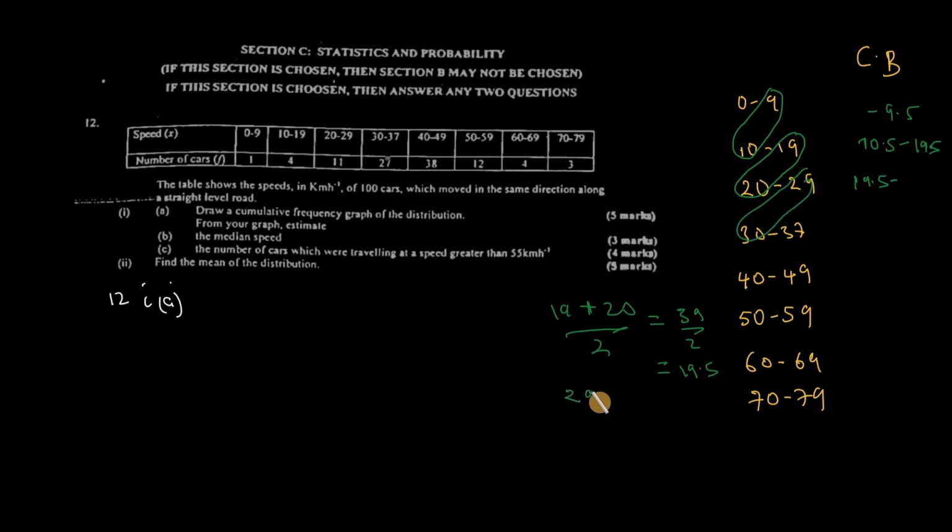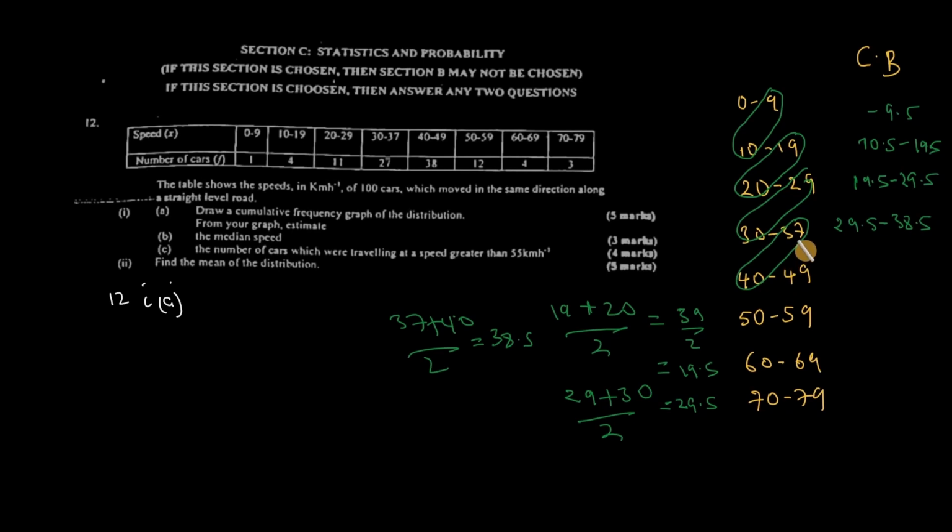Also 29 plus 30 divided by 2 will be 29.5, so here I'll have 29.5 and down here I'll have 29.5. 39 plus 40 over 2 will be 39.5, so here I'm going to have 39.5. They are going to share the same value, so down here I'm going to have 39.5. 49 plus 50 divided by 2, I'll have 49.5, so here I'll have 49.5 and here I have 49.5.